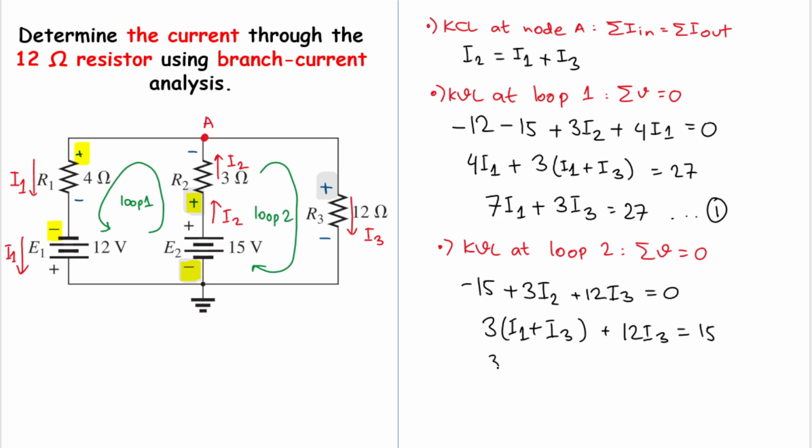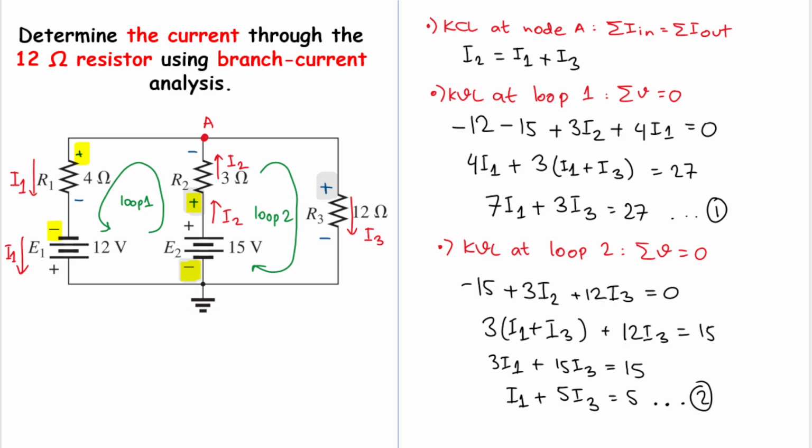Now we will have 3I1, and then plus 3 times I3, that will be 3, and we will have 15I3 here. And all of that will equal to 15, or we can have I1 plus 5I3 is equal to 5. And that will be our second equation.